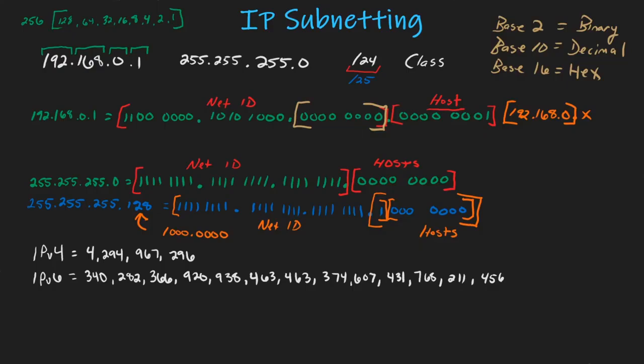But when we get to 10, instead of going up another space and using a 1 in the tens value, we're actually going to use the letter A. So A equals 10. B equals 11. C equals 12. D is 13. E is 14. And F is 15. Now the same thing with base 16. That means that we have 16 values.